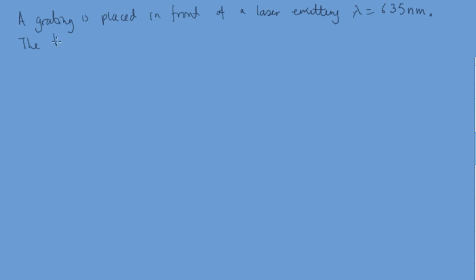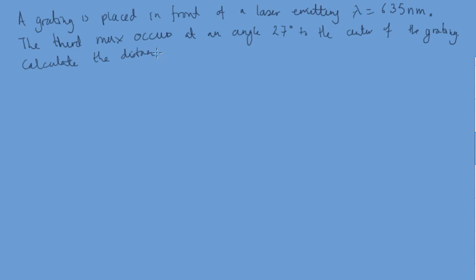The third maximum occurs at an angle of 27 degrees to the center of the grating. Calculate the distance between the slits.